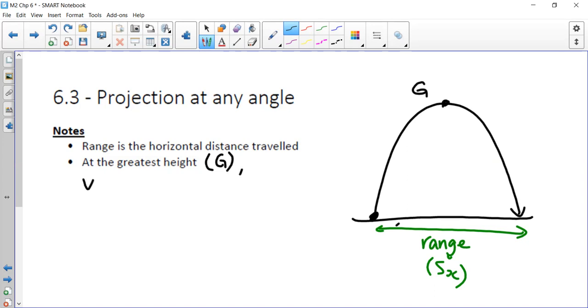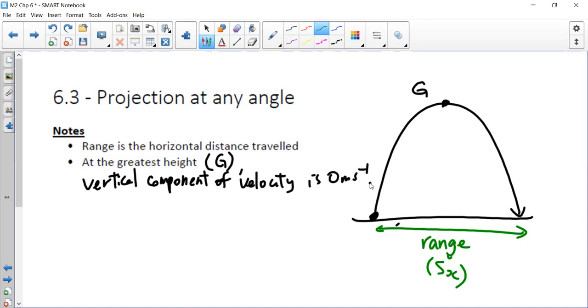At the greatest height, G, what we know is the vertical component of velocity is 0 meters per second. So the vertical component of velocity, which could be uy or vy, equals 0.